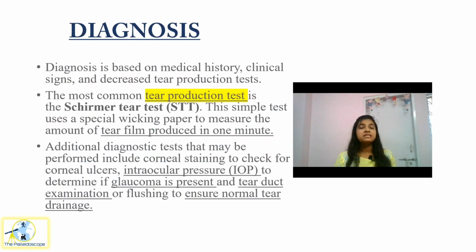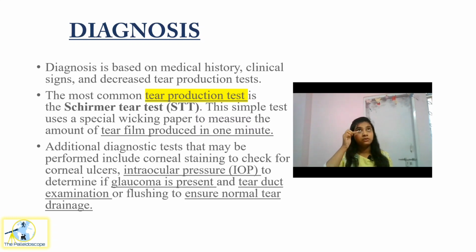Diagnosis. This has a very clear-cut diagnosis with the help of a tear production test known as the Schirmer tear test. This simple test uses a special wicking paper to measure the amount of tear film produced in 1 minute.